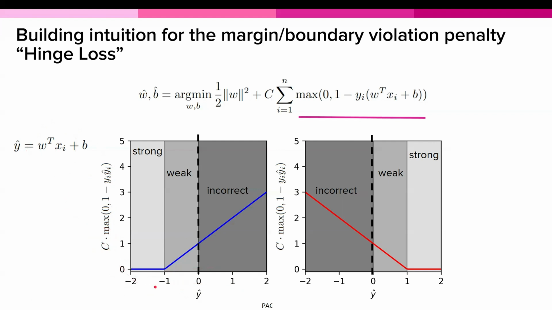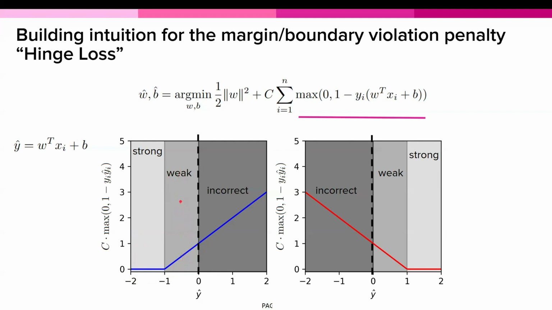For the negative class, if the linear predictor is negative, we start off in the strongly classified region. So the penalty is 0 here, and no loss is incurred. Then between -1 and 0, we move into the weakly classified region.